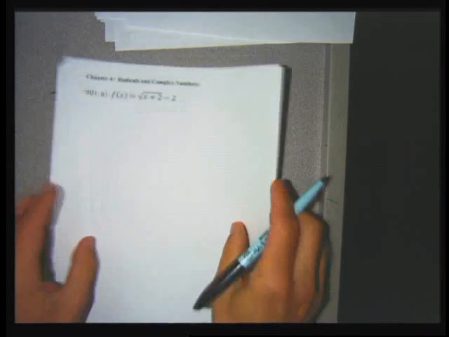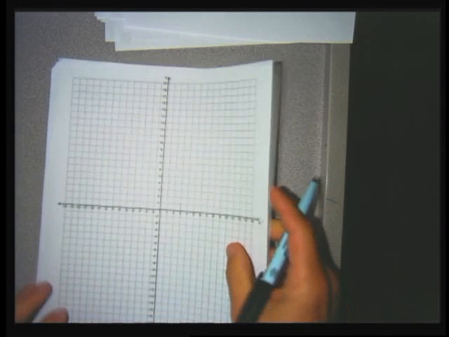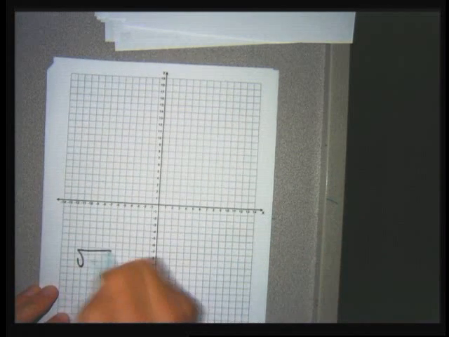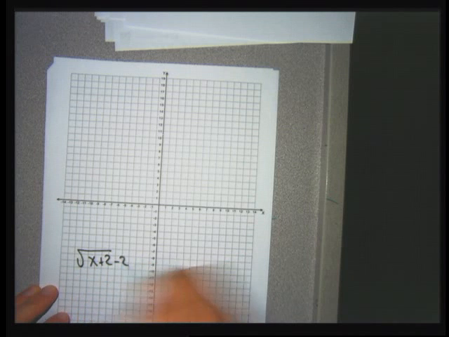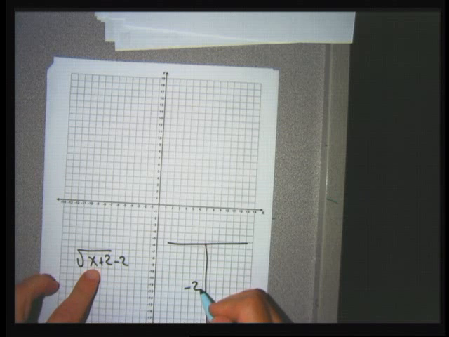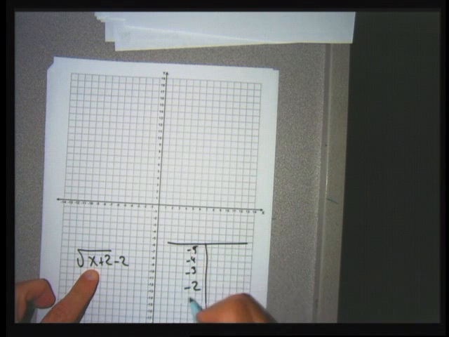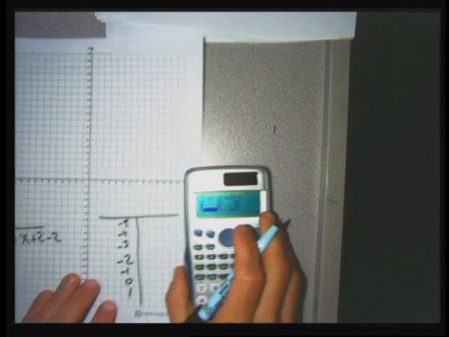So for 90, the square root of x plus 2 minus 2. My table, I'm going to throw a negative 2 in the middle of it. I change the sign of that and do negative 3, negative 4, negative 5, negative 1, 0, and 1. Work on my y's now.